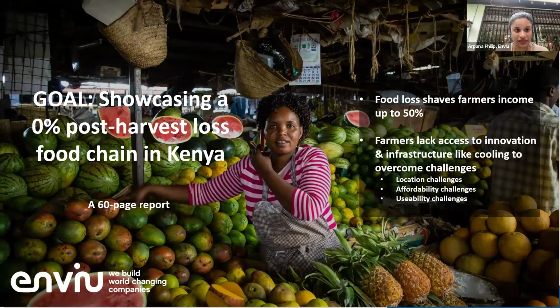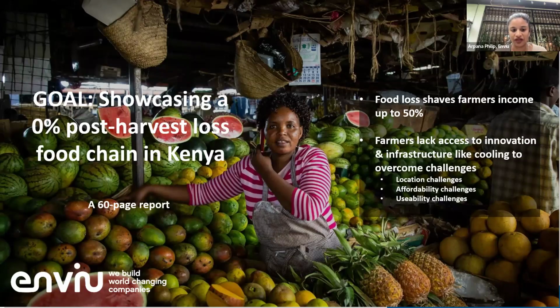And we developed a 60-page report. I'll share some snippets from that in a while. But the key result, or the approach to that, was the value chain approach that we've been talking about, and really understanding who we are solving the problem for, how big the problem is, and what the gaps are in the industry in terms of solutions that we could build out.